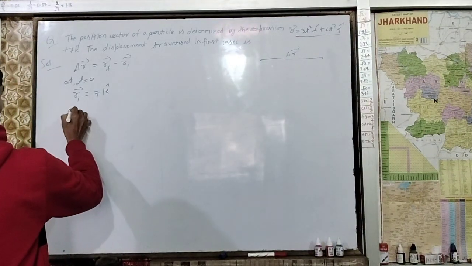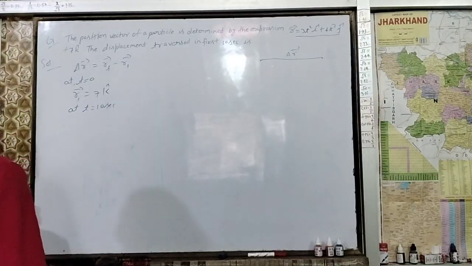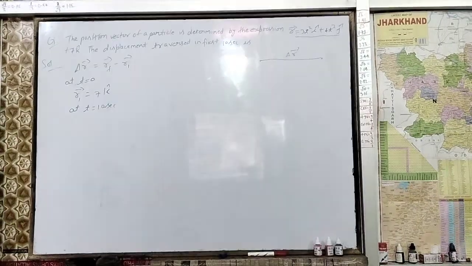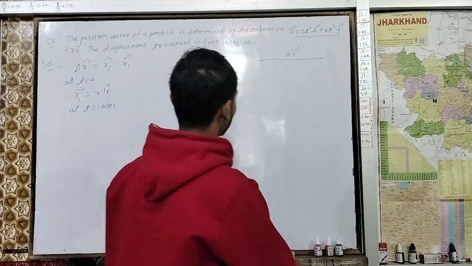Final time is 10 seconds, where we will put t as 10 in this position vector.